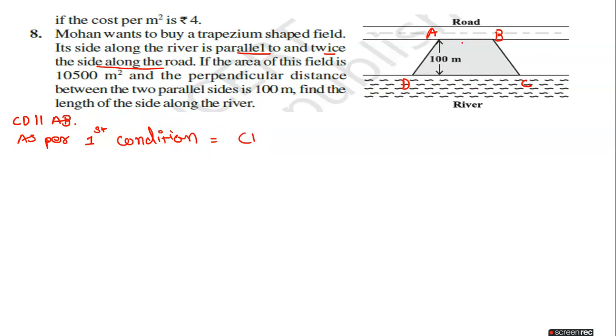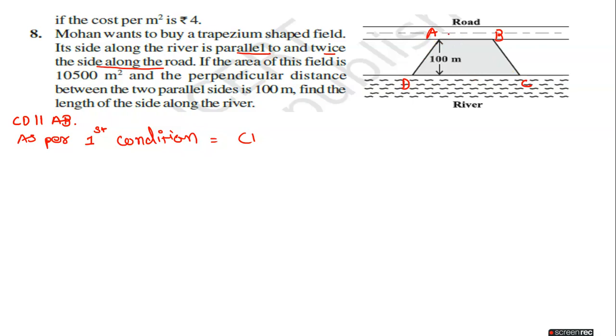CD is double of AB, then what should we write in equation form? CD is equal to 2AB or AB is equal to 2CD. Question is, as you can see in the figure, CD is double of AB. Everyone can see it properly, right? CD is double of AB.